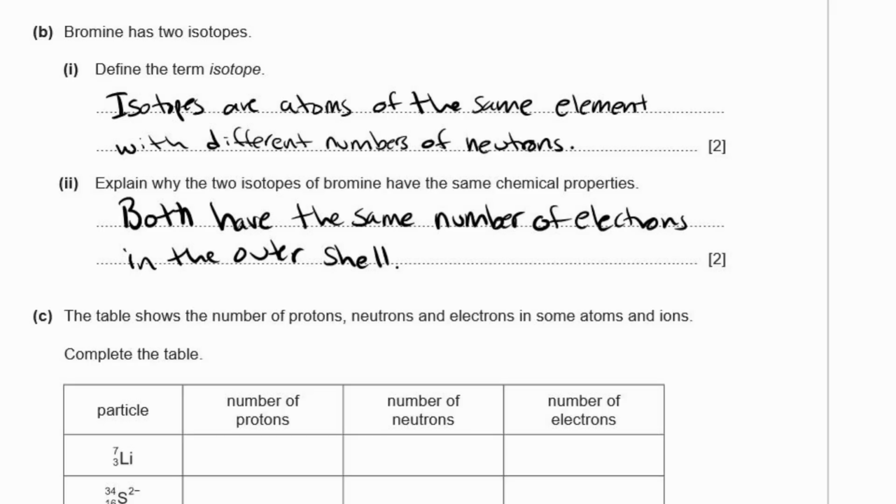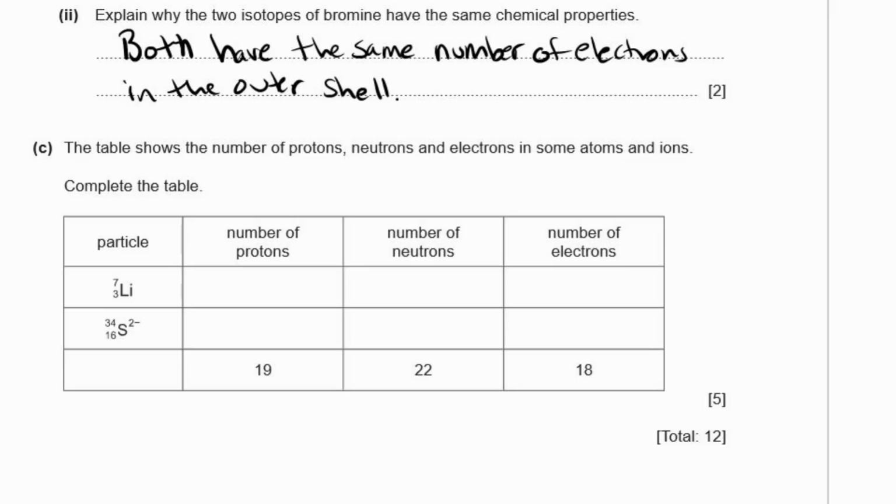Okay. C. The table shows the number of protons, neutrons, and electrons in some atoms and ions. Complete the table. Okay, so first of all, we have the big number at top is the mass number. So this is the mass number, and the small number is the proton number. So if lithium has 3 for the small number, the proton number, that means it has 3 protons.